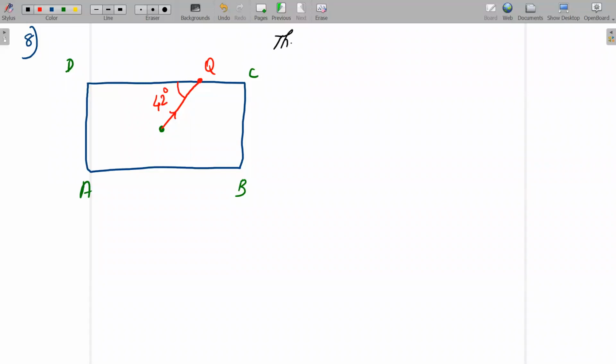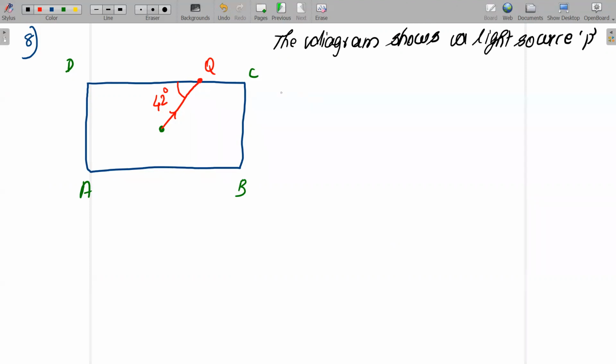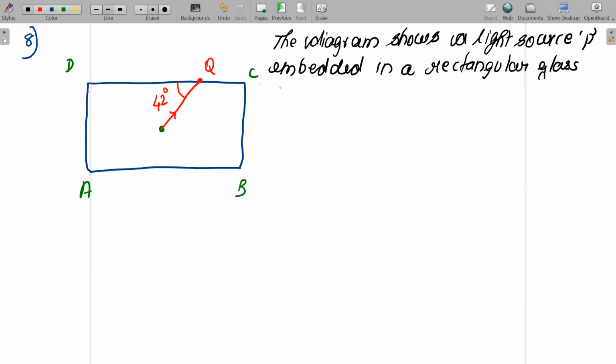The diagram shows a light source P embedded in a rectangular glass block ABCD of critical angle 42 degree.